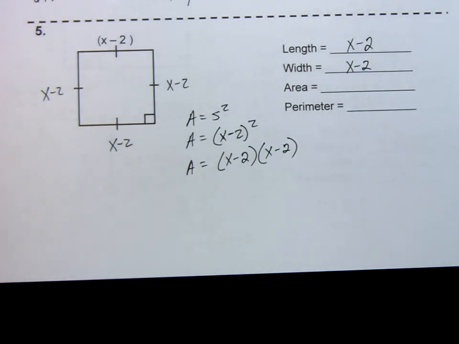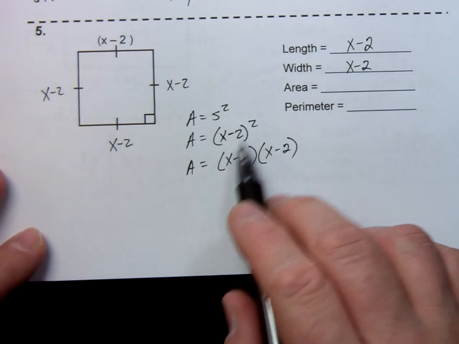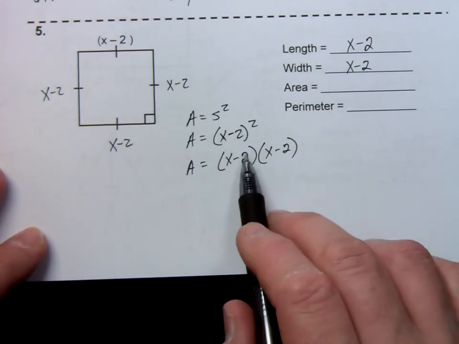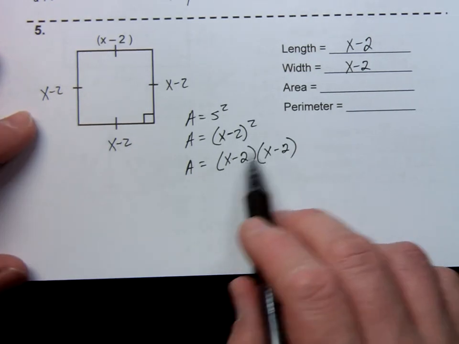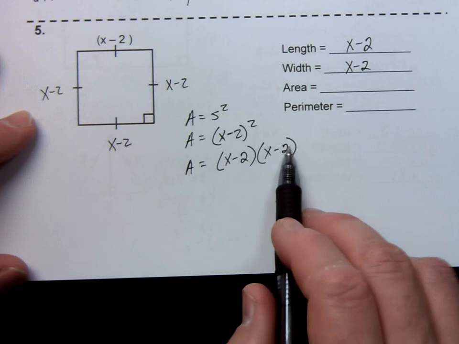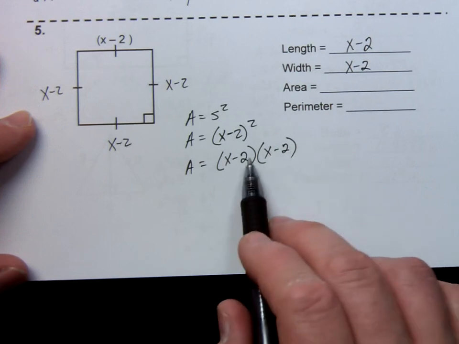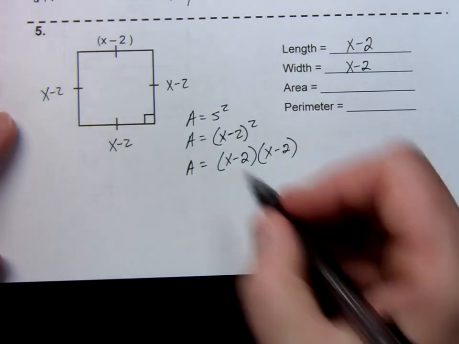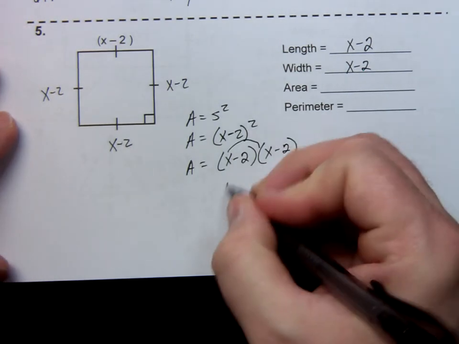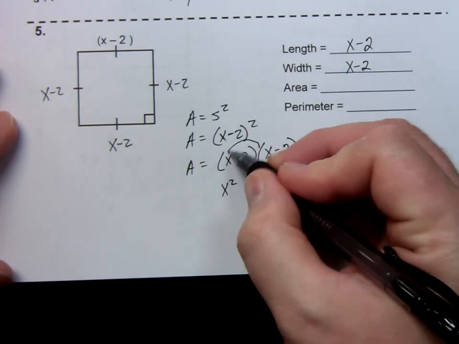And to do that, we have to distribute the x to everything in this parentheses, and we have to distribute the negative 2 to everything in that set of parentheses. This can be called FOIL because you're multiplying the first things, the things on the outside, the things on the inside, and then the last thing in each set of parentheses. So we're doing x times x is x squared, and x times negative 2 is a negative 2x.